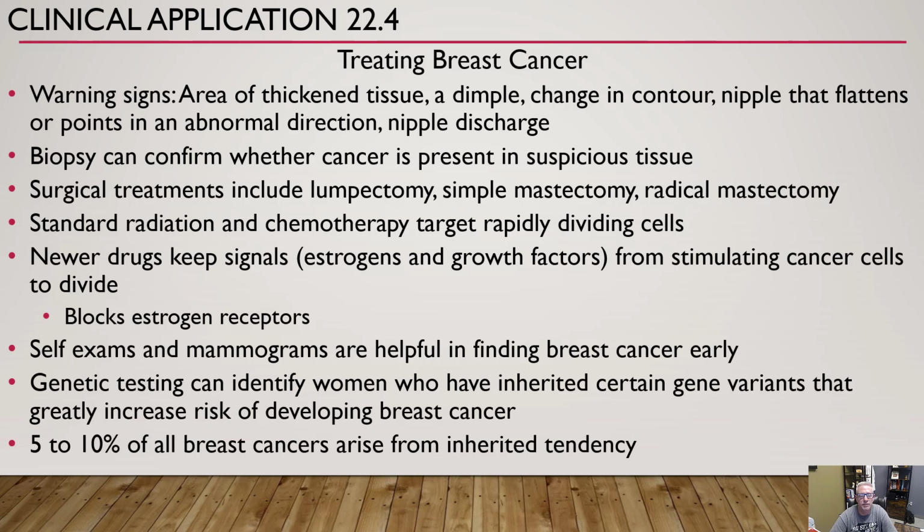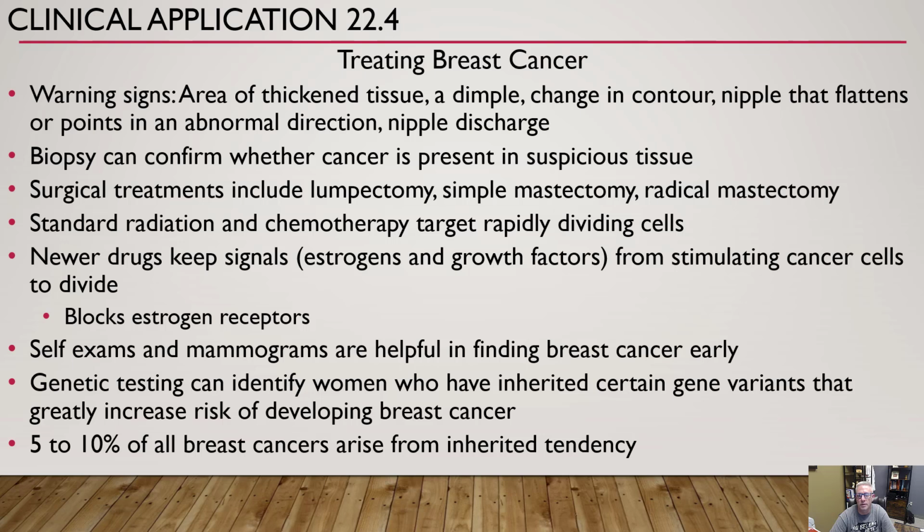With breast cancer, some of the warning signs are thickened tissue, dimples, change in color, change in contour, a nipple that flattens or points in an abnormal direction, and nipple discharge. If you do suspect something, please go see your doctor, nurse practitioner, PA, whatever.